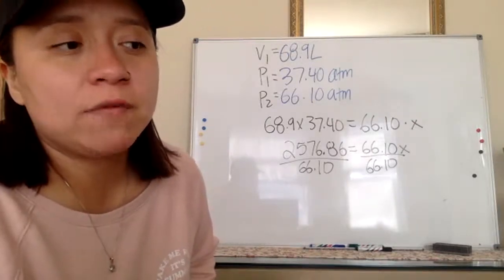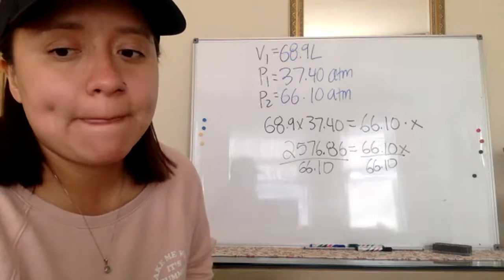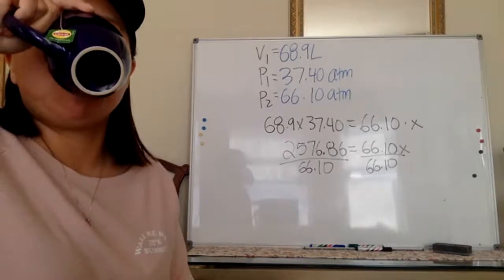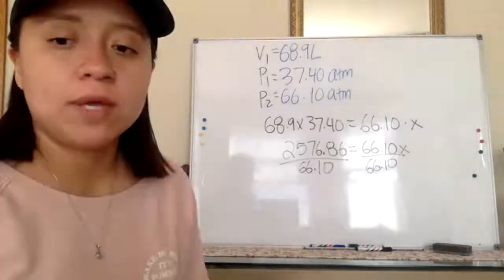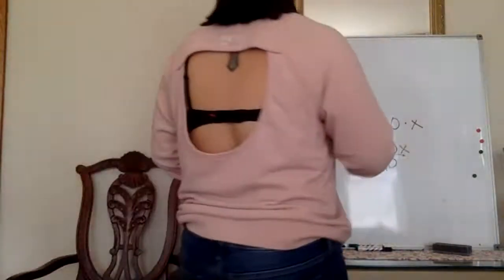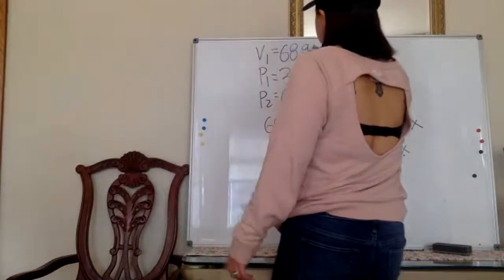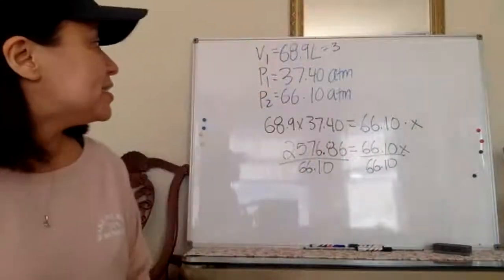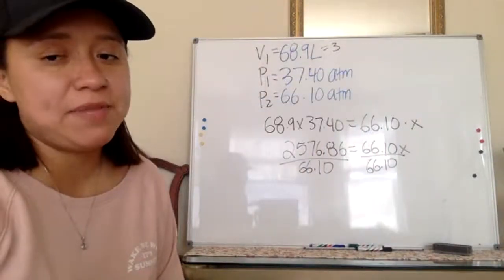68.9, how many sig figs do you guys see there? 3, yep. This has 3 sig figs, and then 37.40 and 66.10 have the same number of sig figs.